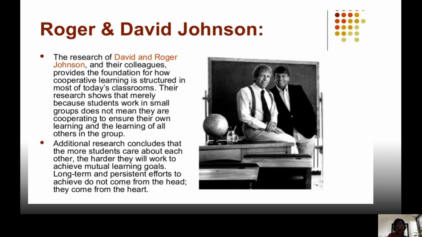Their research shows that merely because students work in small groups does not mean they are cooperating to ensure their own learning and the learning of all other group members. Additional research concludes that the more students care about each other, the harder they will work to achieve mutual learning goals. Long-term and persistent efforts to achieve do not come from the head, they come from the heart.